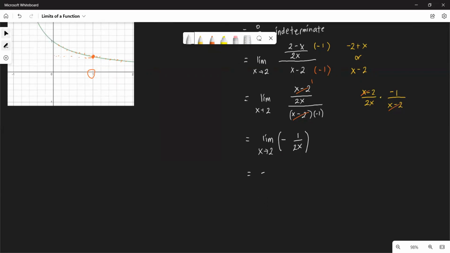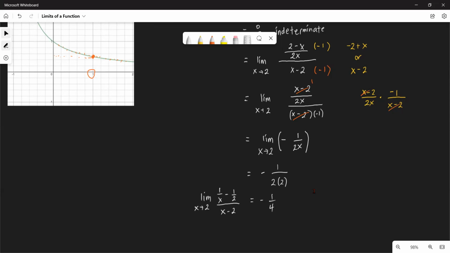It's negative 1 over 2 times 2, or that's negative 1/4. So that's the limit of the given: 1 over x minus 1/2, all over x minus 2, as x approaches 2. So the limit is negative 1/4.